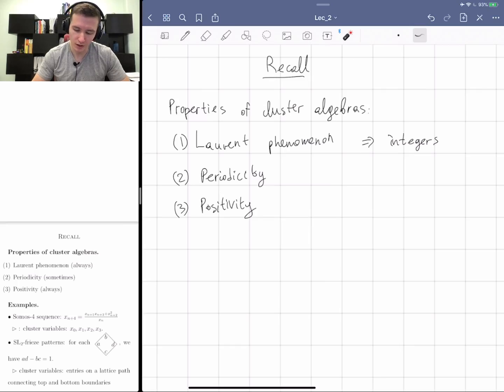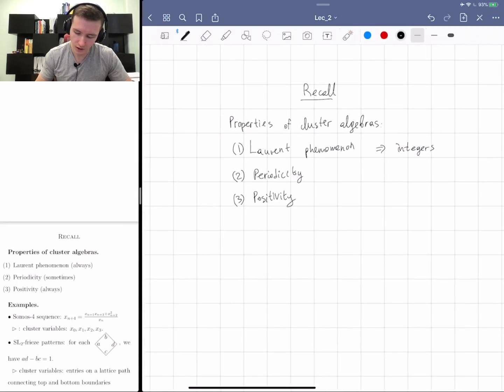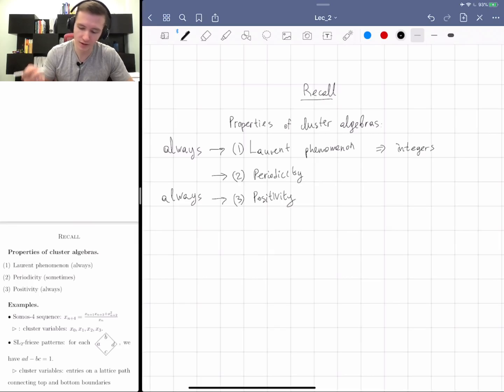Let me mention that the first and the third properties are always going to be true for all cluster algebras. Periodicity is sometimes true and sometimes not. Usually not, but I'll tell you exactly when it's true. So let me write sometimes here.